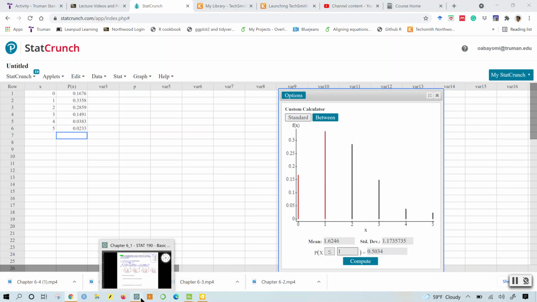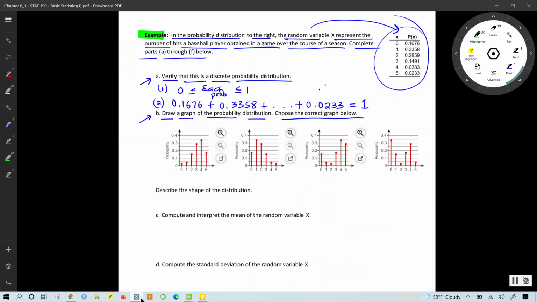So let's see, going back here, I can see that that seems to match option B. This goes up and then there's a slide down. So my correct graph is this one. And to describe the shape of the distribution, we note that there was a going up and then there's a longer tail to the right.